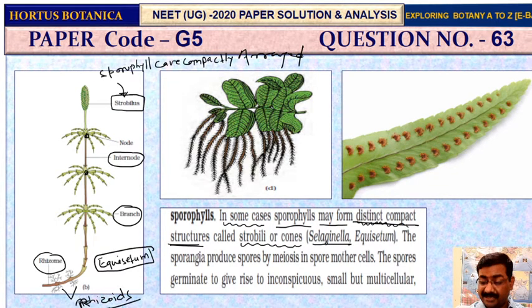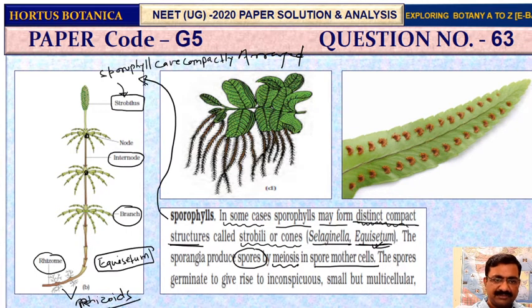It's also a heterosporous pteridophyte. Equisetum also has sporophylls in the form of a strobilus, but this is homosporous. Now, is it clear? That cone will contain spore mother cells that will produce spores after meiosis, as I discussed earlier. So this is all about this question and its source, how it is taken from your NCERT line.